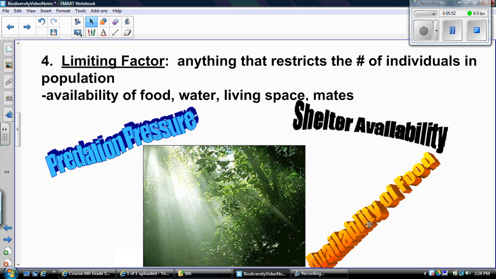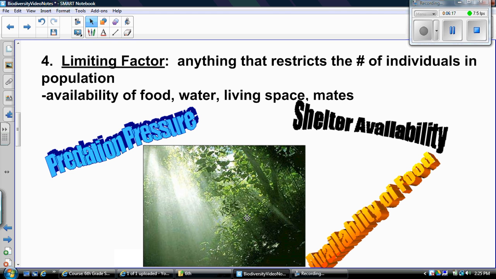Availability of food. If there's a drought and food becomes scarce, then that drought became a limiting factor that caused the population to decrease. The picture right here is showing you a forest. Space for plants is a huge limiting factor because plants need sunlight so that they can make their own food through photosynthesis.